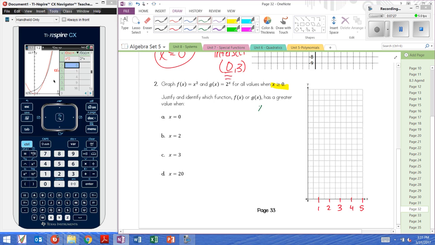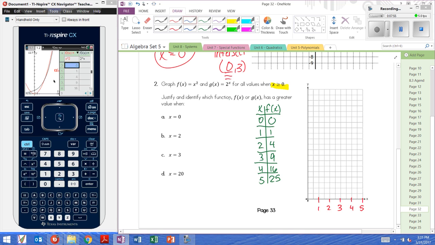I think I have some space over here, so I'll do x and f of x right over here. So x, 0, 1, 2, 3, 4, 5. And f of x is 0, 1, 4, 9, 16, 25.